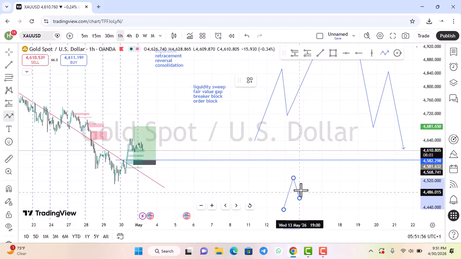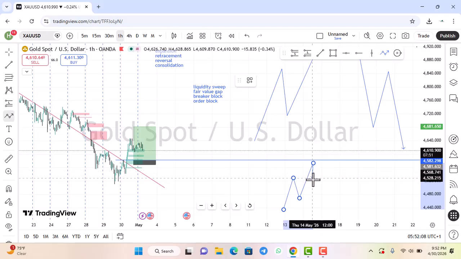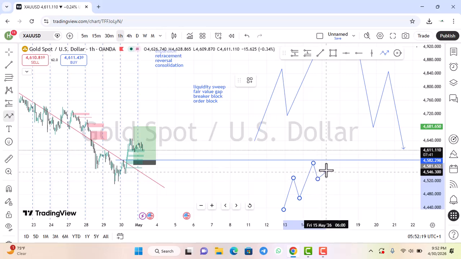Then price goes above that zone to form a breaker block. So after price gets to that level, price comes back down to retest this breaker block here.